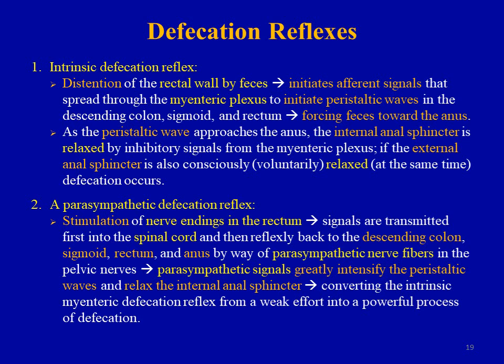Parasympathetic signals greatly intensify the peristaltic waves and relax the internal anal sphincter, and this will lead to the conversion of the intrinsic myenteric defecation reflex from a weak effort into a powerful process of defecation. So without the parasympathetic defecation reflex, defecation won't happen.